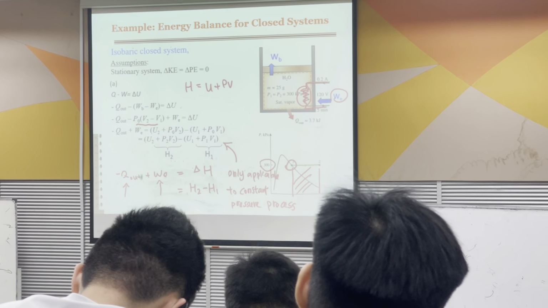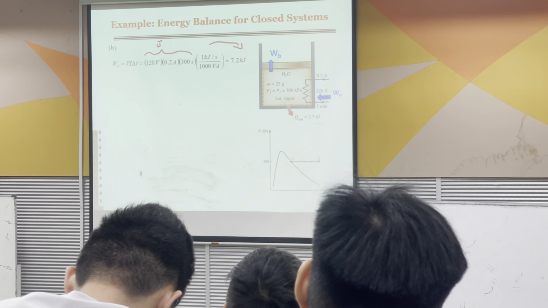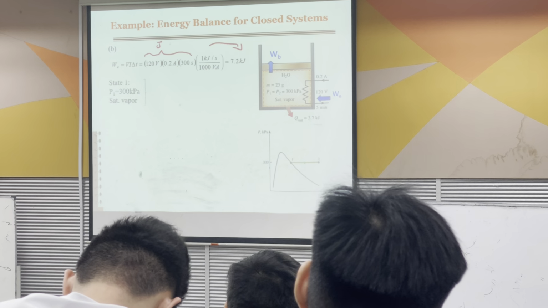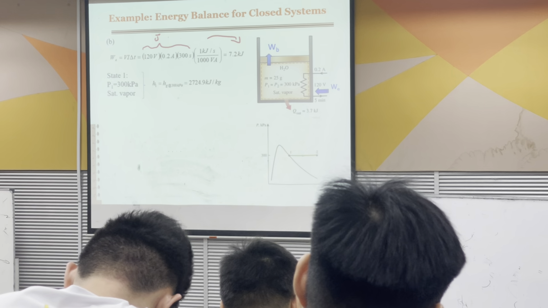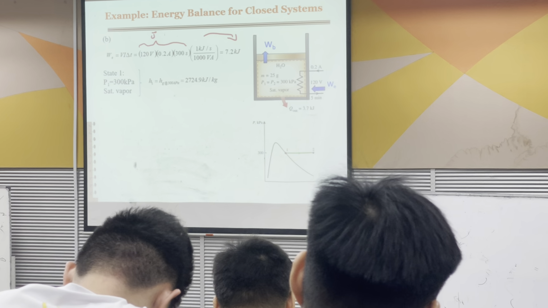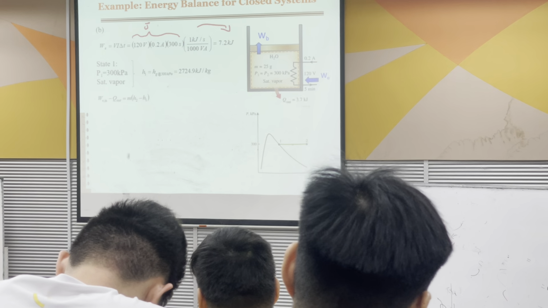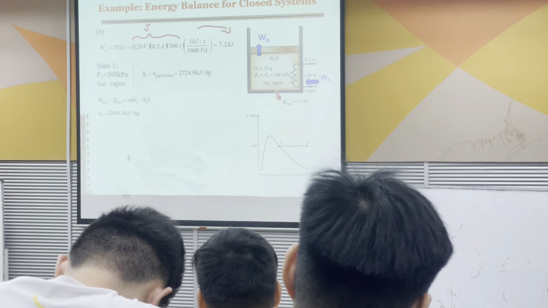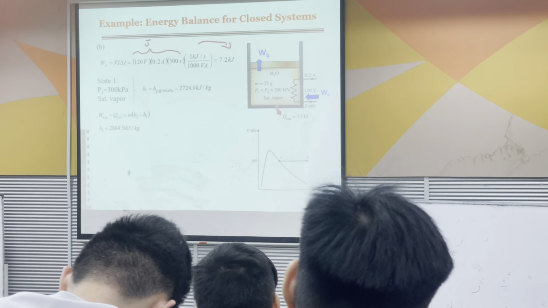We don't have any other information. So for state 1, we know it's 300 kilopascal, saturated vapor, H1. You can get this from the table. Then sub everything into this equation, and you will find that H2 is this value.